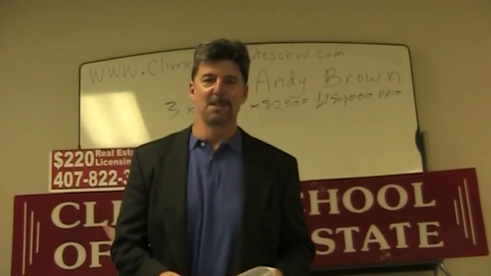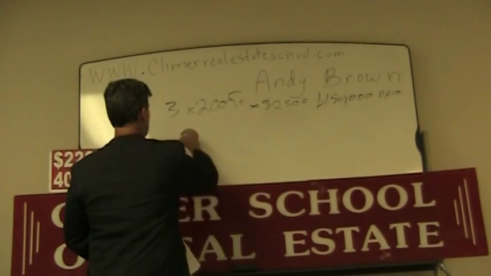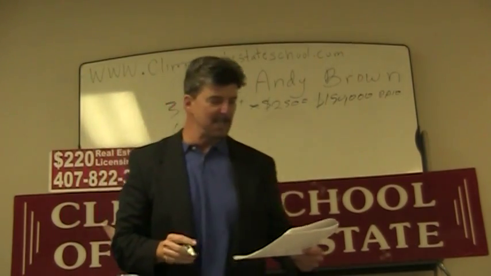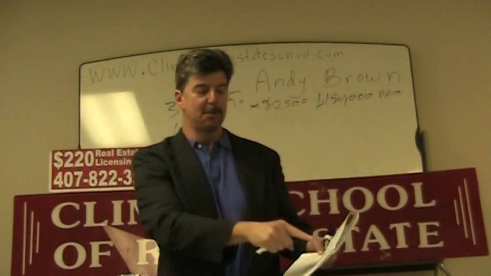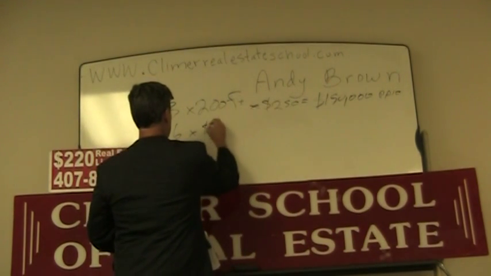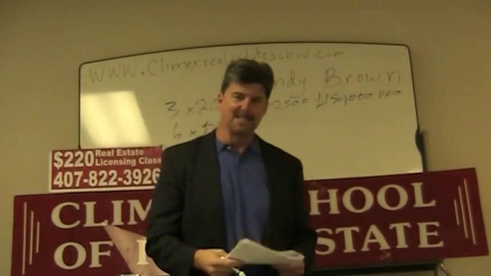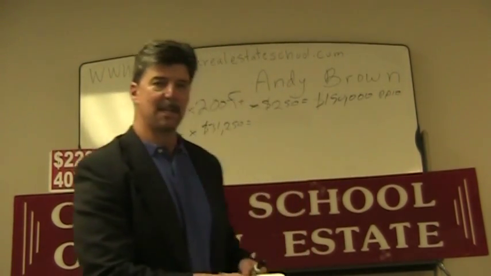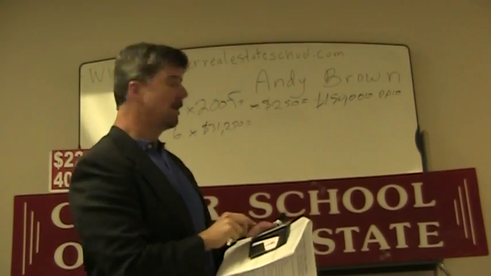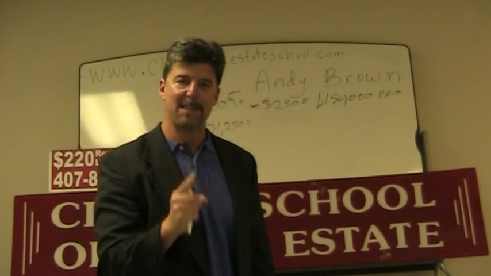The next part of the question tells us that he subdivided into 6 lots. And he sold each one for, how much? $31,250 per lot. So he sold the exact same land for 6 times $31,250. He sold them for $187,500.